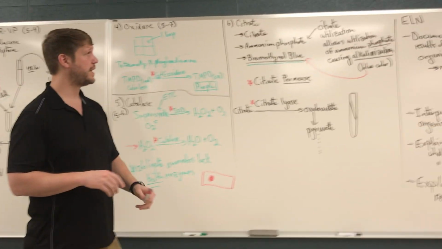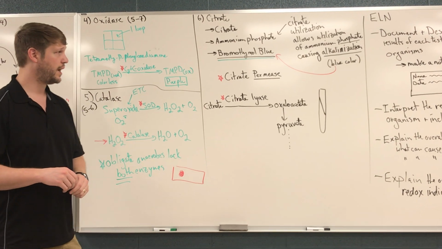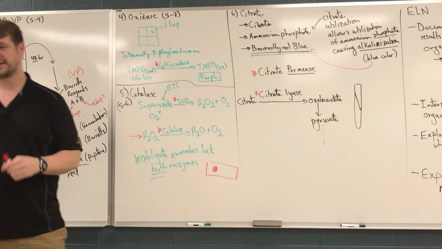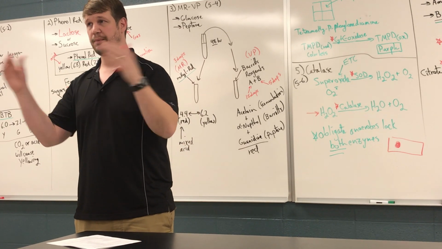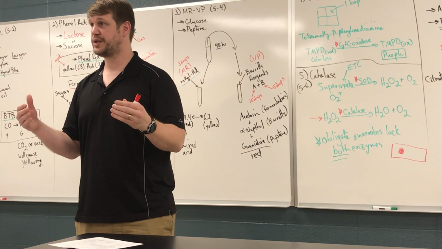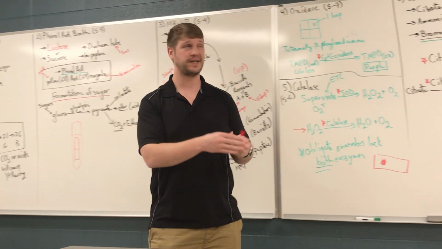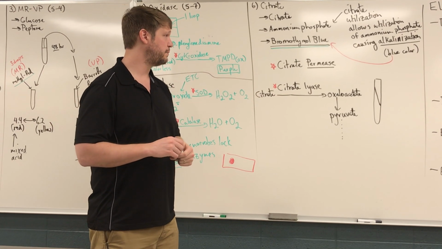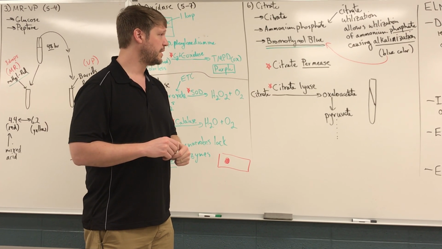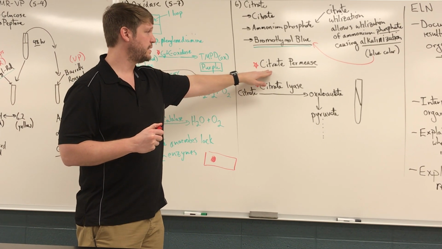All right. The last one here is the citrate utilization test. So citrate, if you think about metabolism as a whole, when we talk about respiration, right? We have the citric acid cycle, right? Citrate is the anion of citric acid.